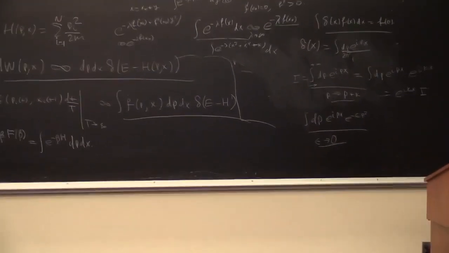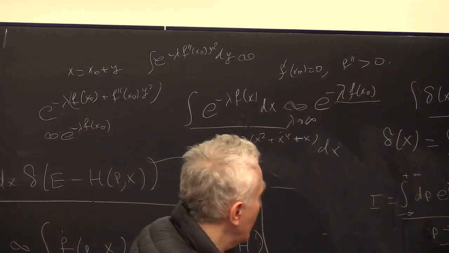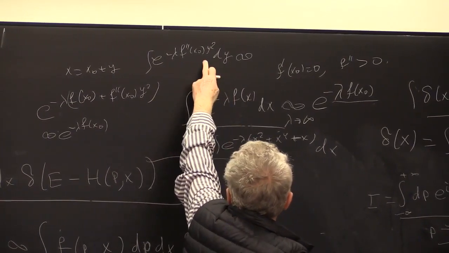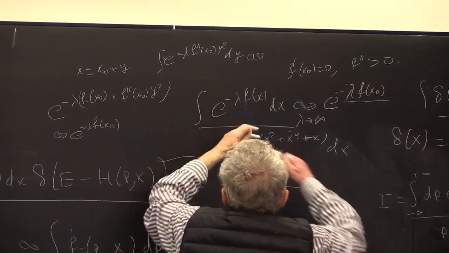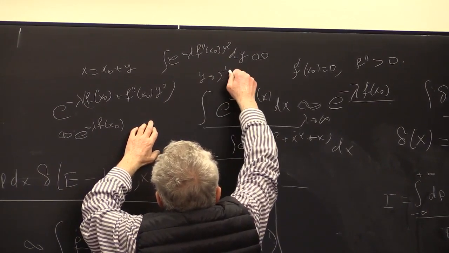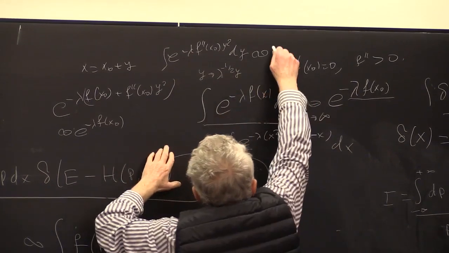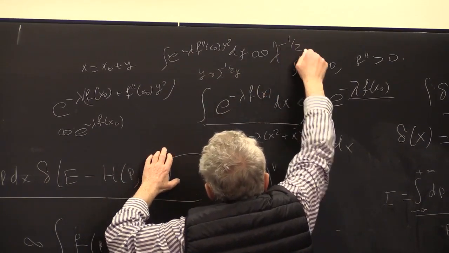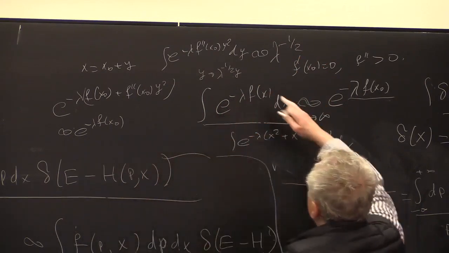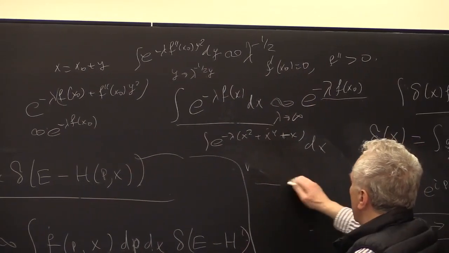Can you pull the same trick? Yes. Basically, now you simply can rescale y to lambda to the minus 1/2 times y. Lambda disappears from here, but appears from here. So it is lambda to the minus 1/2 in the asymptotic. And in principle, if you expand further, you will get an expansion in 1 over lambda.